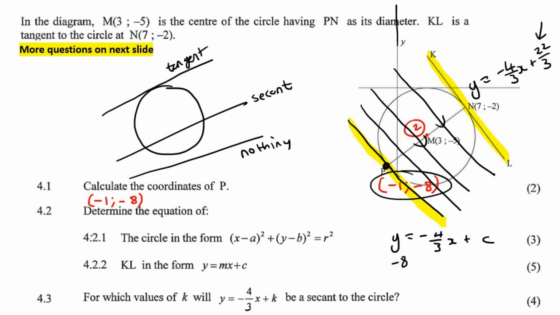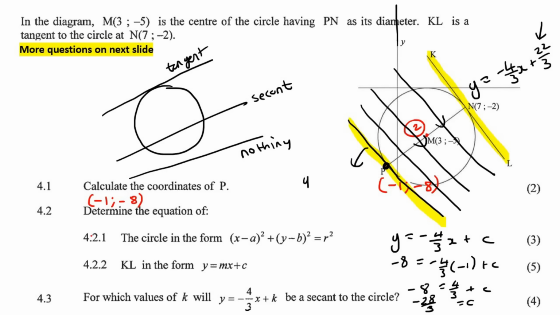Okay, and so negative 8 would be positive 4 over 3. Now if you take the 4 over 3 to the other side, you end up with a c value of negative 28 over 3. So that means that this line's equation would be y equals negative 4 over 3x minus 28 over 3. So that would be the k value for this one.